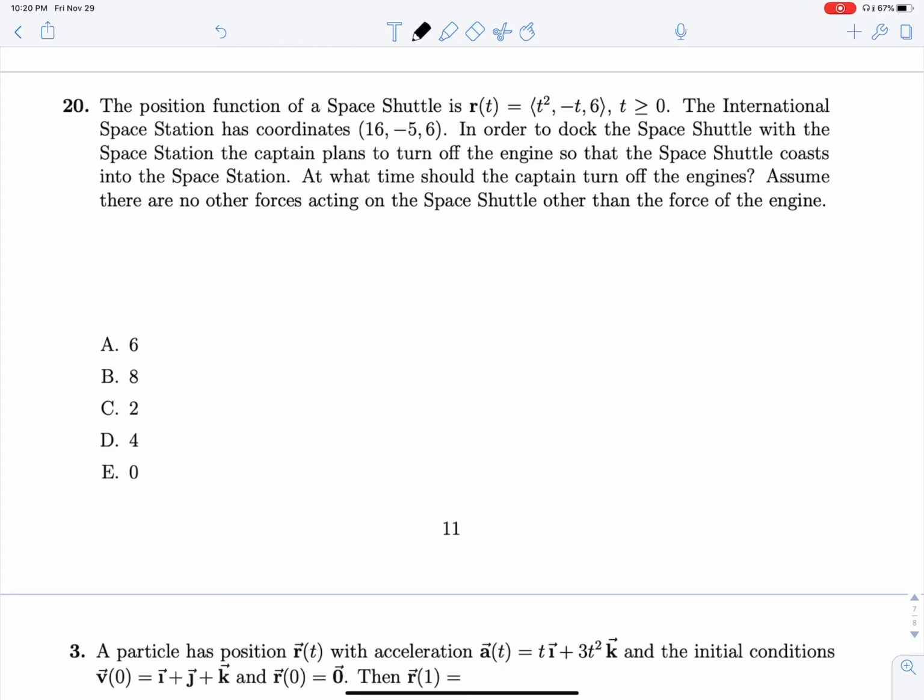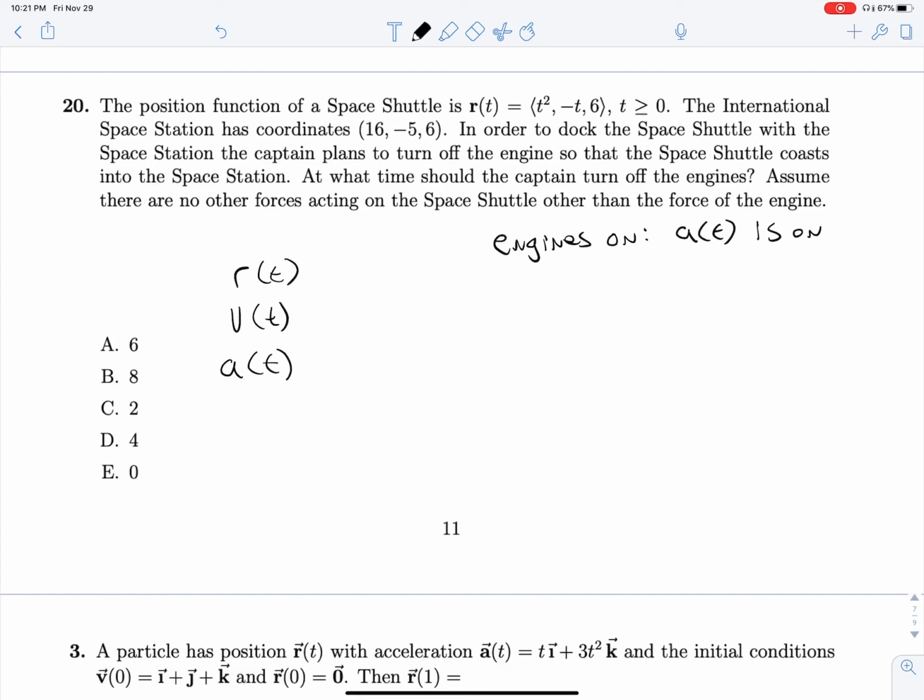So we see that the space shuttle has fixed coordinates. That's something to note. And we also know that having our engines on, all that's going to do is kind of turn our acceleration on. So we have our R of t, which is informed by our V of t, which is informed by our A of t. So when engines are on, our A of t is on.